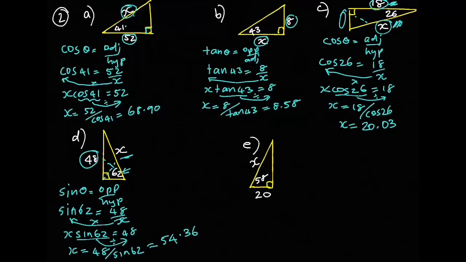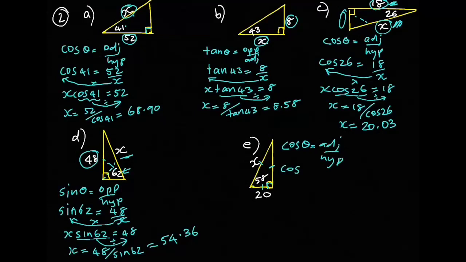Right, now looking at the last one, it's quite a large angle again. So this is opposite and this is adjacent, and this is hypotenuse because it's opposite to the right angle. So we've got a case of adjacent and hypotenuse, which is a cos problem. So cos theta equals adjacent on hypotenuse.